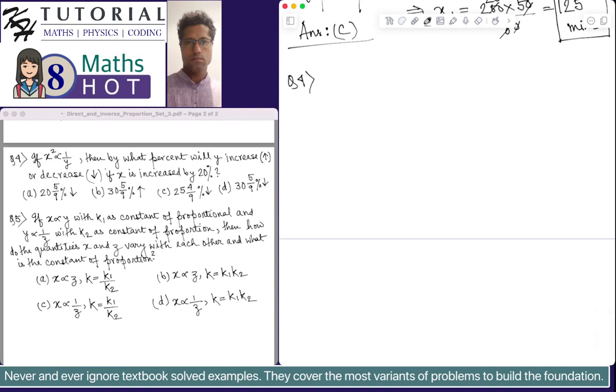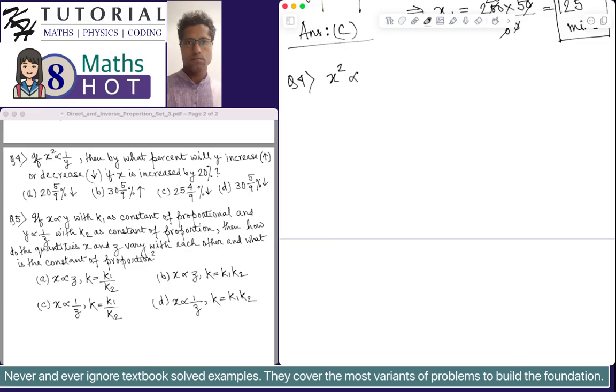Question number 4 says, if x square varies inversely with y, that is, x square and y are in inverse proportion or variation, then by what percent will y increase or decrease if x is increased by 20%? So the quantity x square is varying inversely with y.